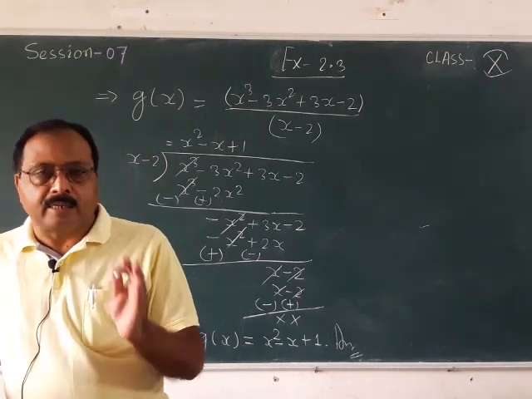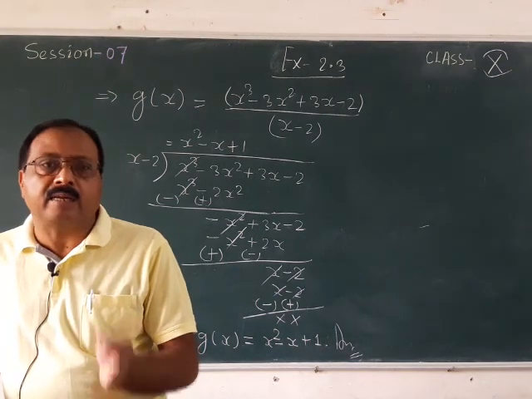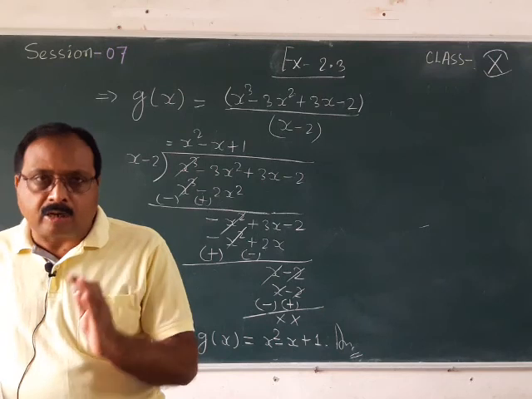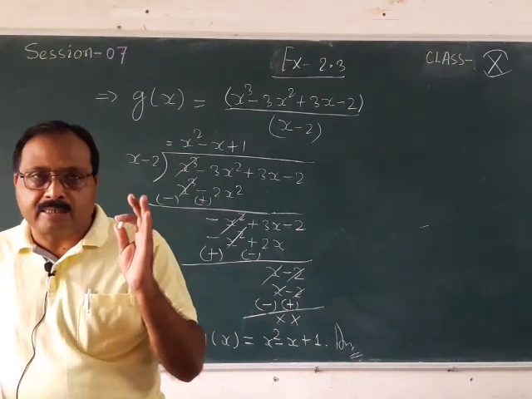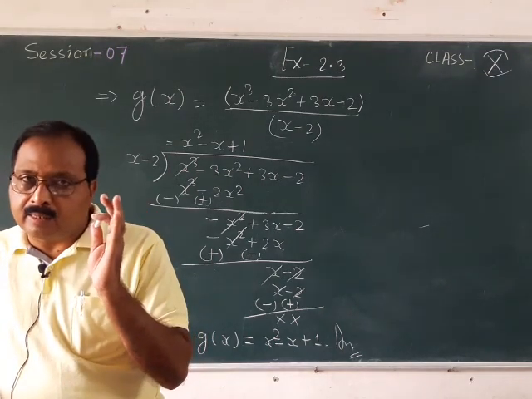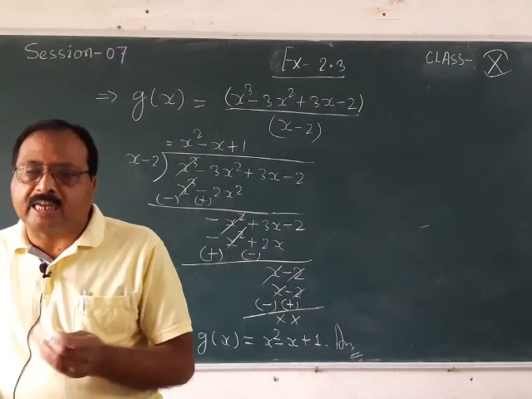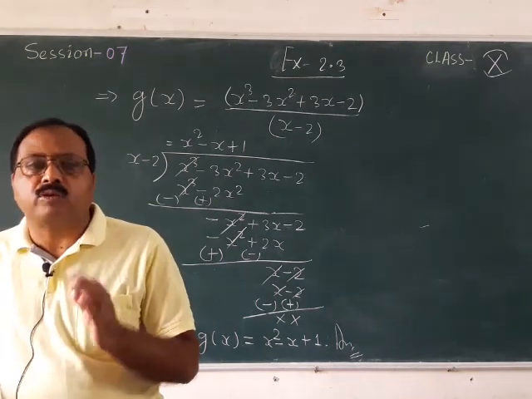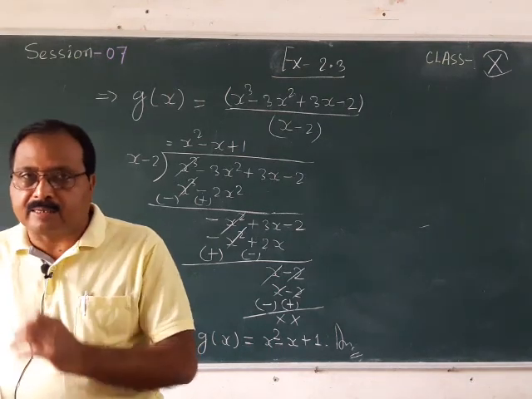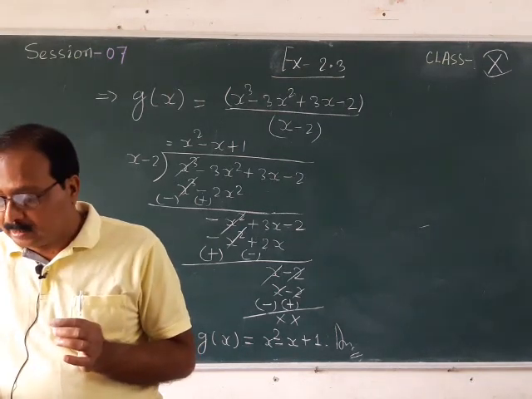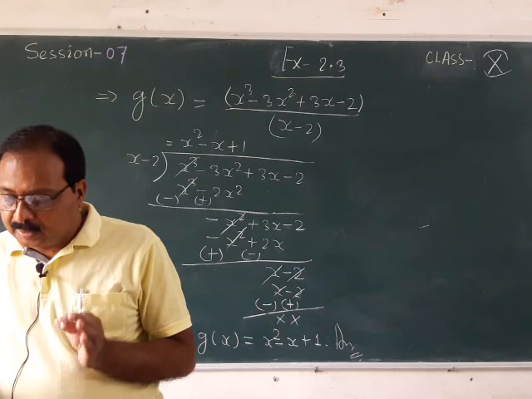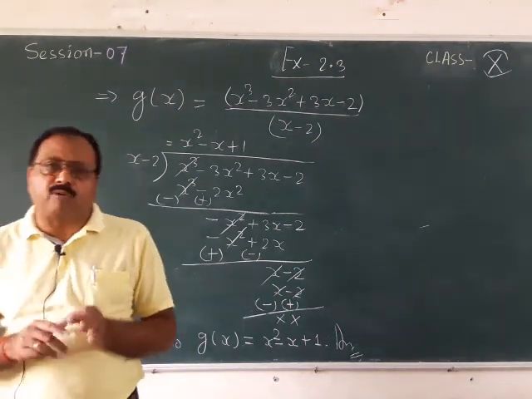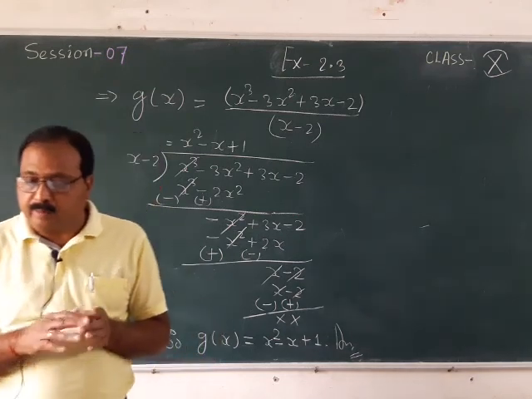Second one is the divisor, that we are telling g(x). Then the third component is the quotient, that we are telling as q(x). Then the fourth component is the remainder, that is r(x).